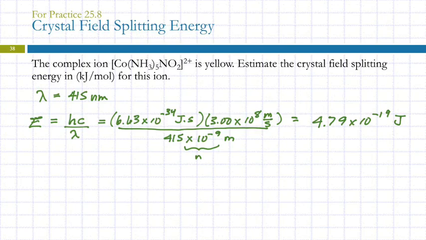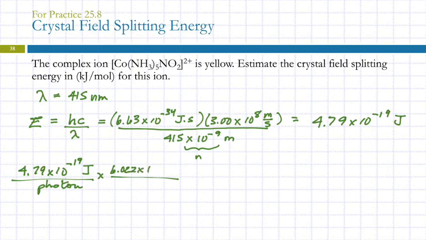So we could take 4.79 times 10 to the minus 19 joules per photon, times 6.022 times 10 to the 23 photons per mole of photons.